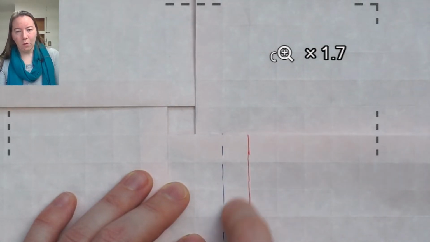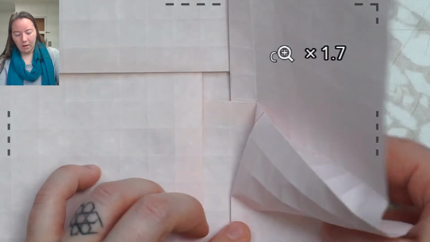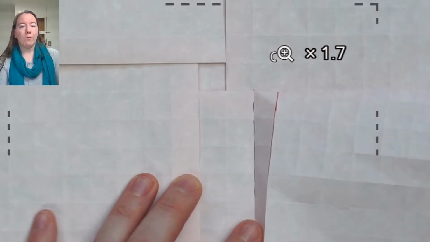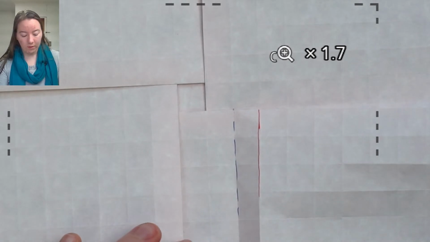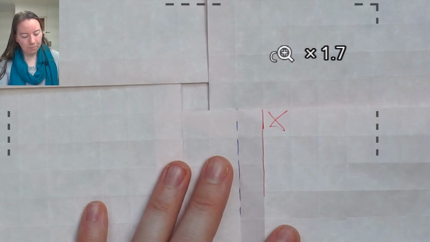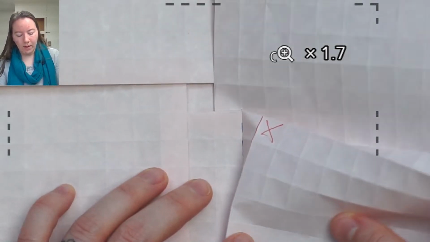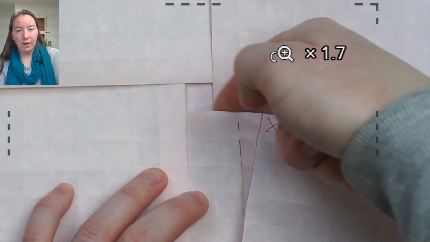So if that's where my next pleat is going to be, to get my one wider than tube spacing, I need to figure out where my target square is for this next open square twist. And that would be this square right here, because you can see when I pull this up, I've got these two valleys.